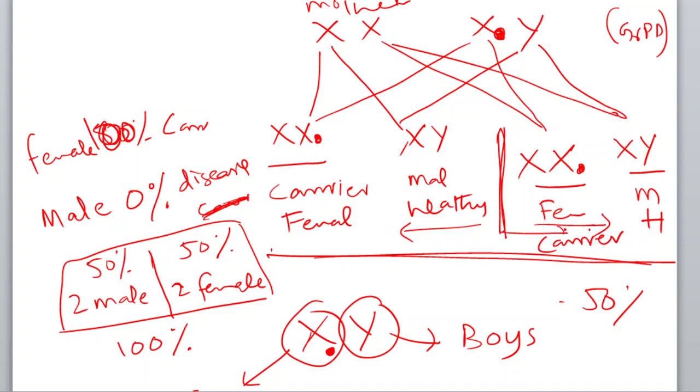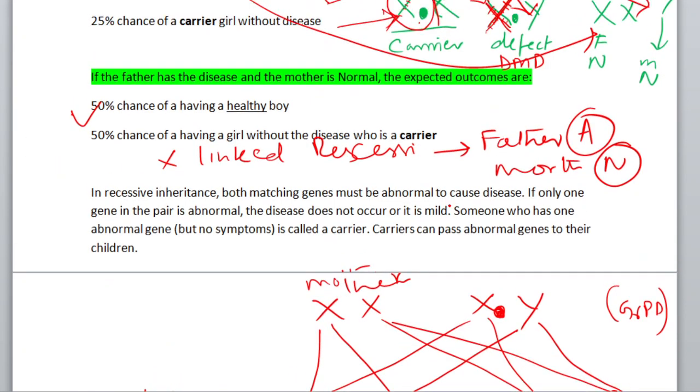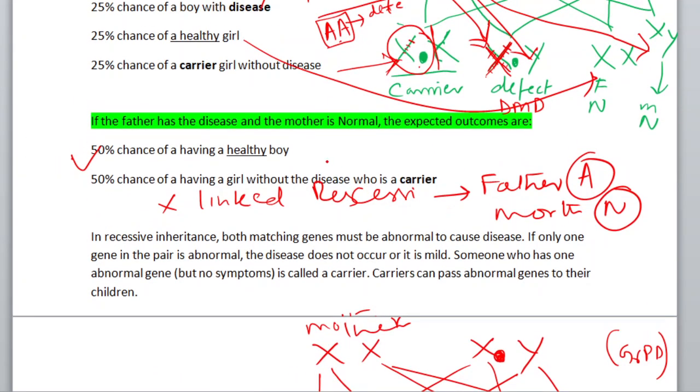And those 50% who are carriers are girls, and those who are healthy are boys. Or we can say 100% of the males are normal and 100% of the females are carriers, or 0% of the males are diseased. They can ask you any of those statements, so you have to be very clear about it. Just draw this kind of squares.